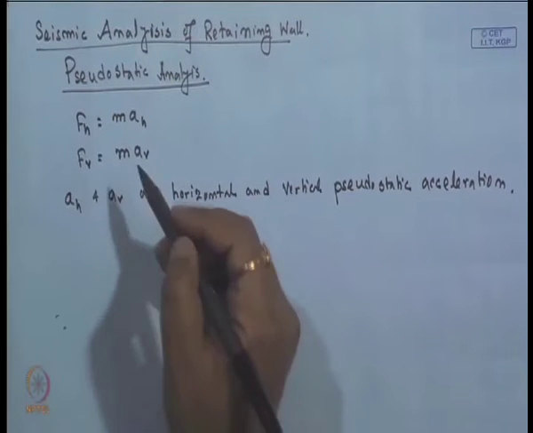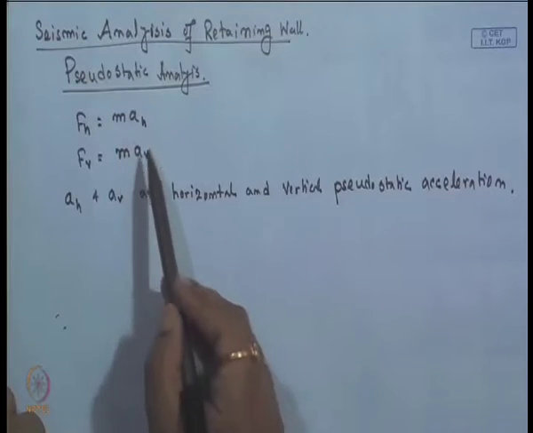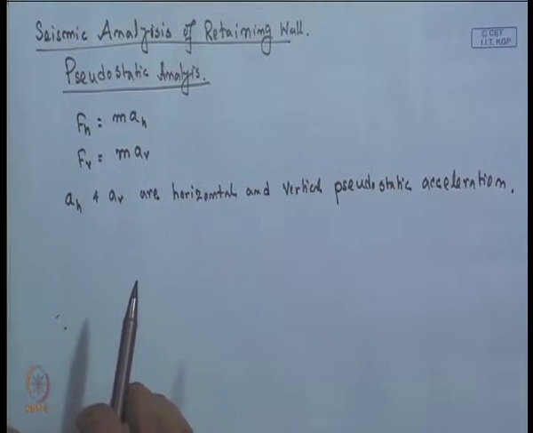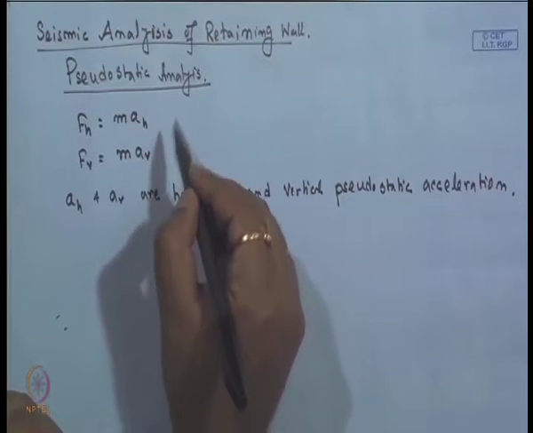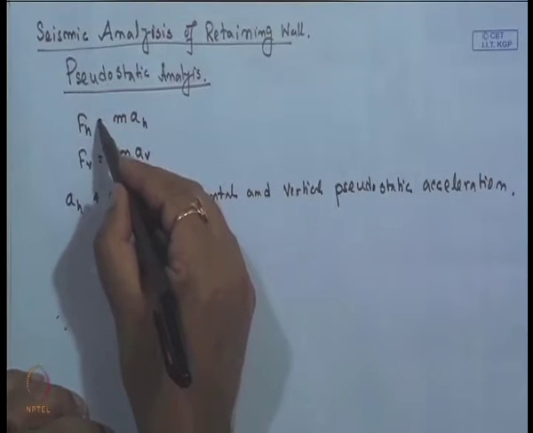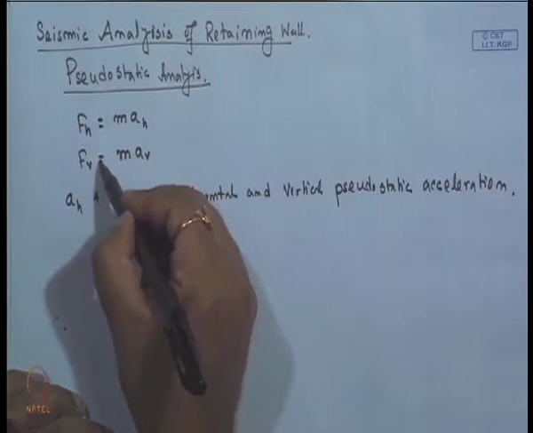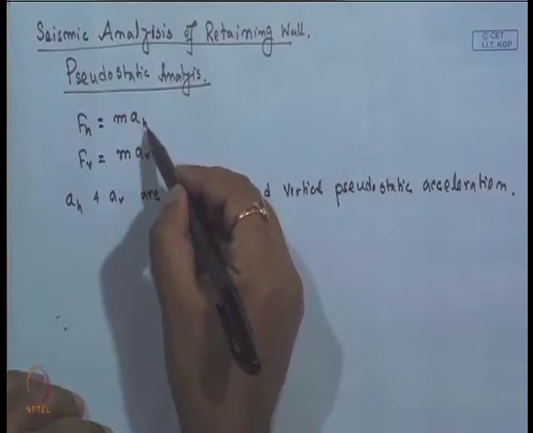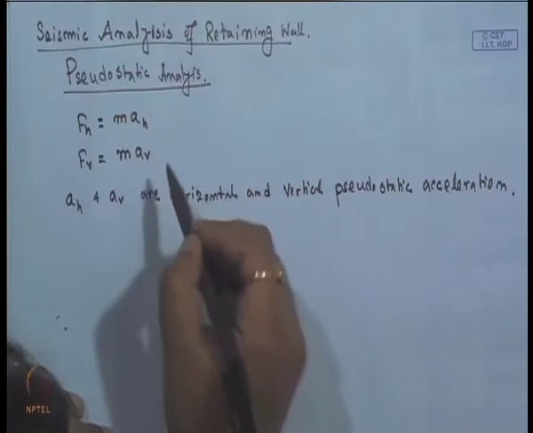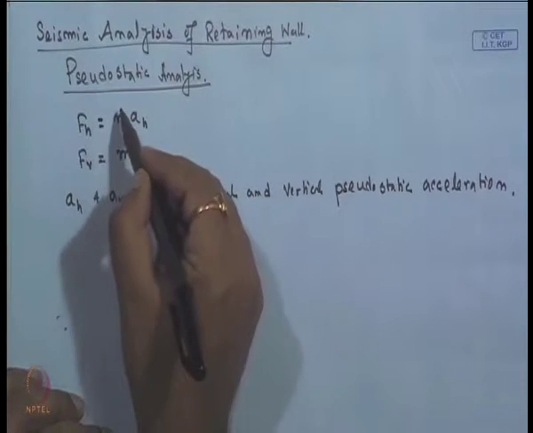As we have already mentioned, there are two motions, one in the horizontal direction and another in the vertical direction. So, AH and AV are the accelerations of any mass due to the earthquake condition. One acceleration AH is in the horizontal direction, AV is in the vertical direction, and m is the mass.